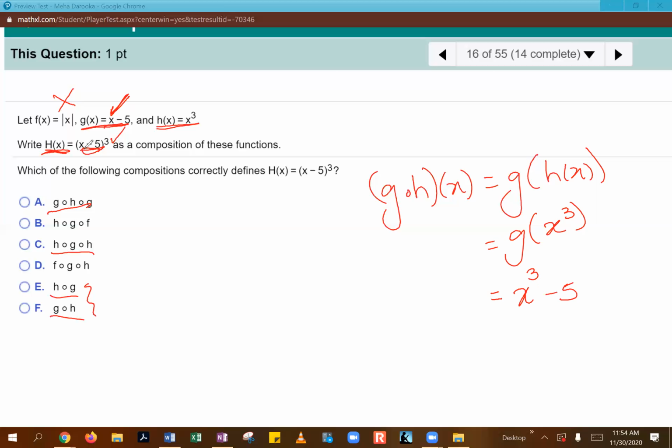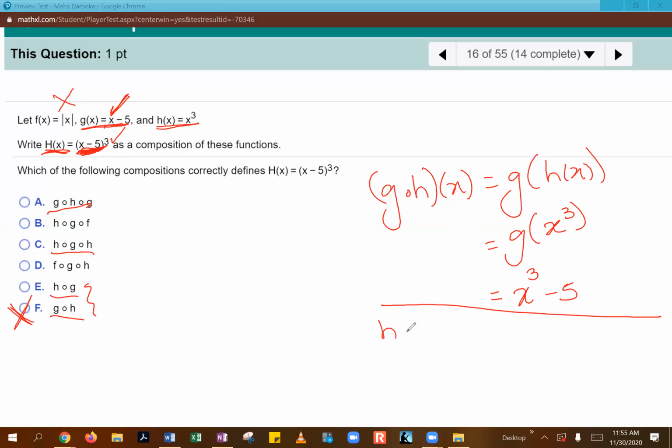And unfortunately, Katie, this does not come out to be our capital H of x function, so it's actually not going to be F. So let's try E and see what happens with E.